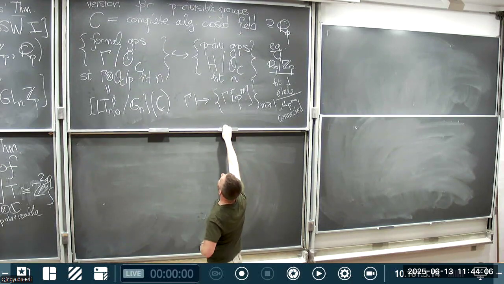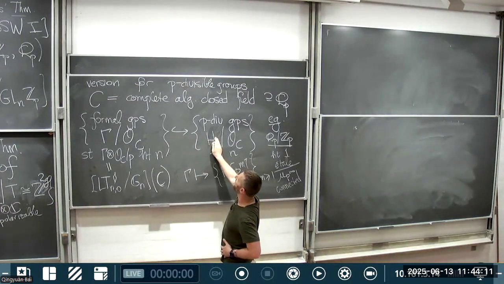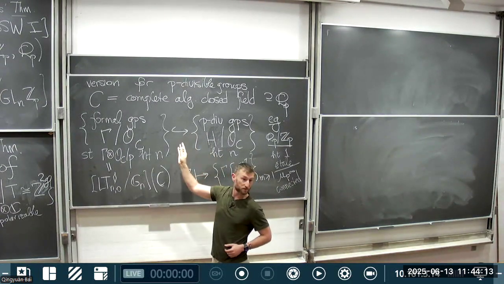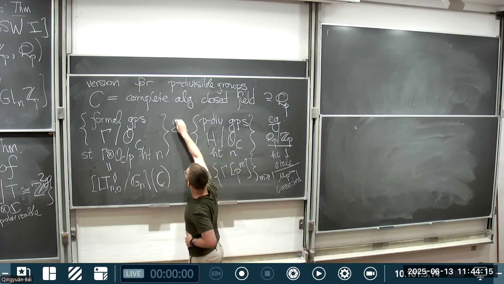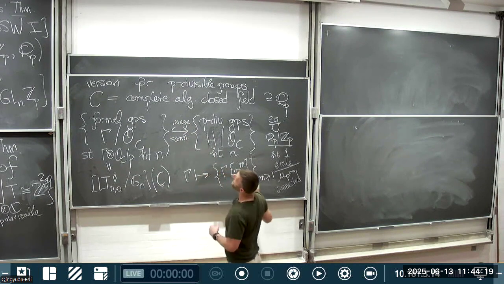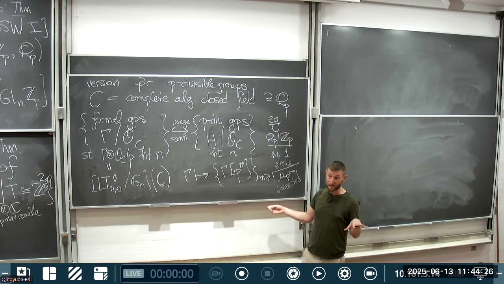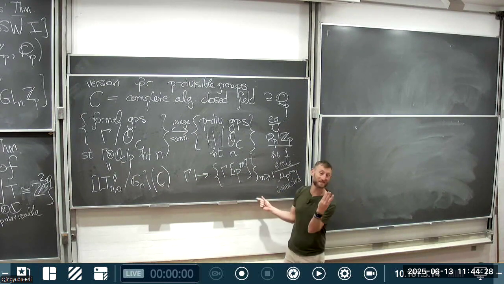Oh, I should say something like the image of here and here is the connected p-divisible groups. And by connected, I mean all of these group schemes, their underlying scheme is connected. All of the points are stuck to the origin.